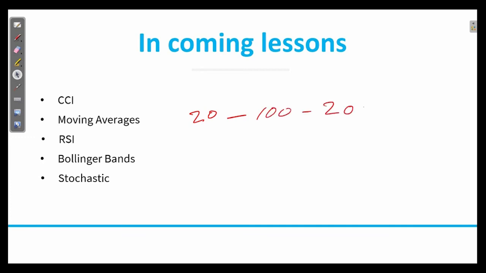These are the ones I use, but some people use 15 days, 50 days, and 100 days. I will show you how it works. Moving averages are also a kind of support and resistance line, and RSI is a relative strength indicator. Obviously, when we come to this, I will explain it to you. At the moment, this is just an introduction.